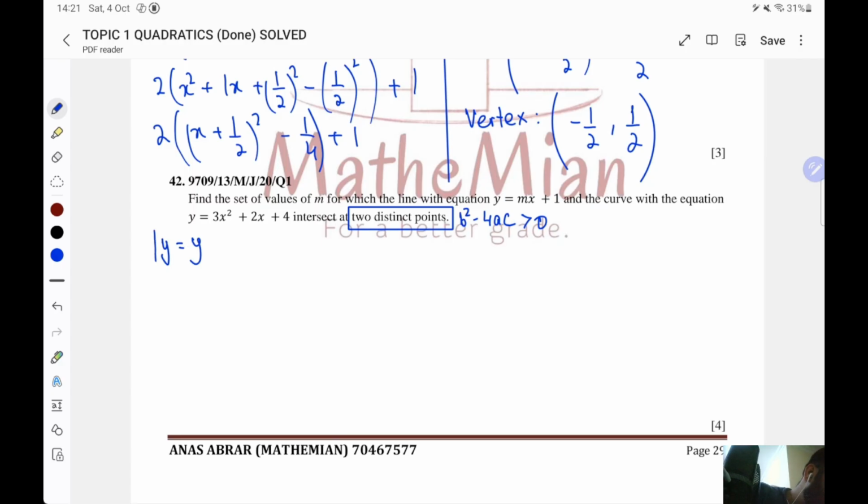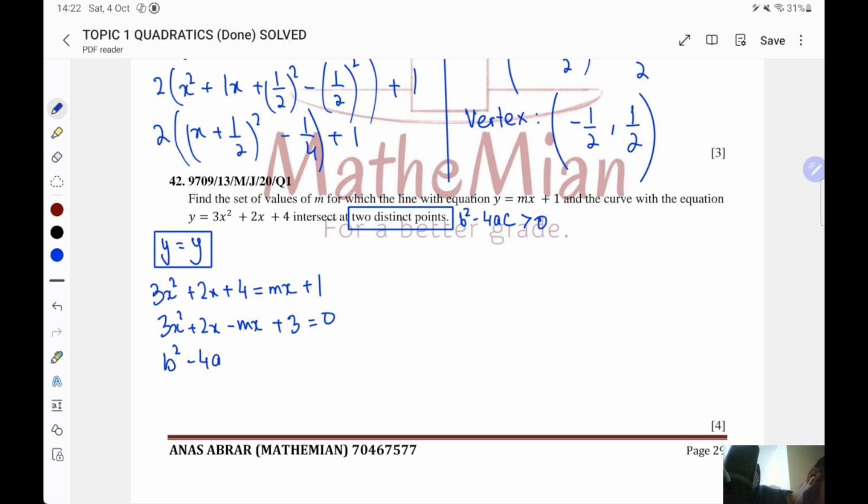We will put y equals to y, that is 3x square plus 2x plus 4 equals to mx plus 1. So 3x square plus 2x minus mx plus 3 equals to 0. We know that b square minus 4ac has to be greater than 0.